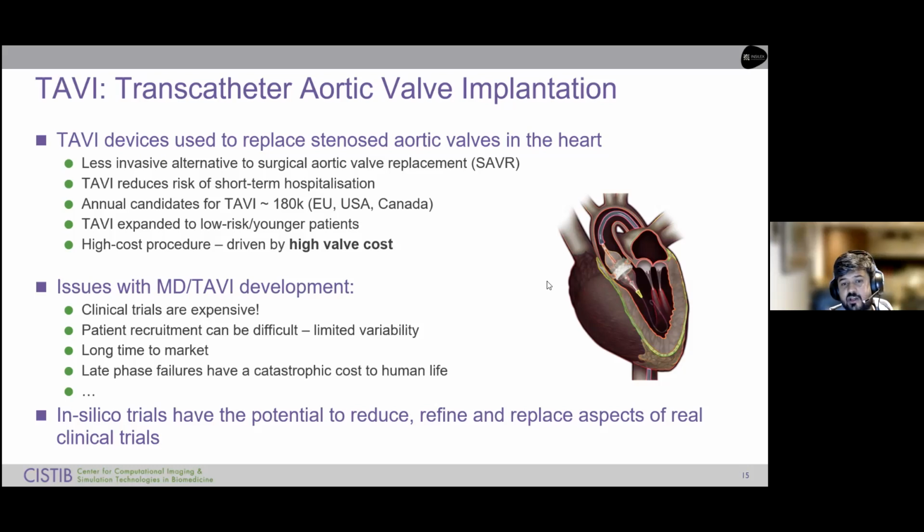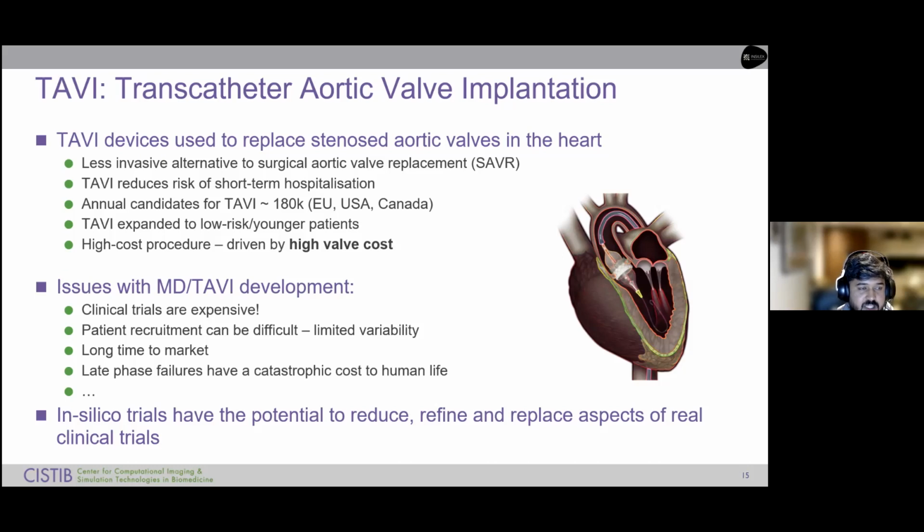And this is a common problem that we see across a lot of medical devices that are used to treat various types of diseases. So some of the common issues with the innovation pipeline and the development of medical devices and TAVI devices is that conducting the extensive clinical trials that are necessary to go from conception of an idea of a device to actual development and initial testing to evaluating in animals and first in humans and so on, is quite an elongated and expensive process.